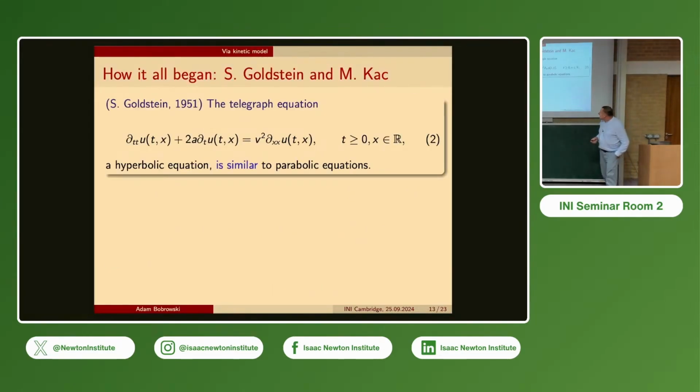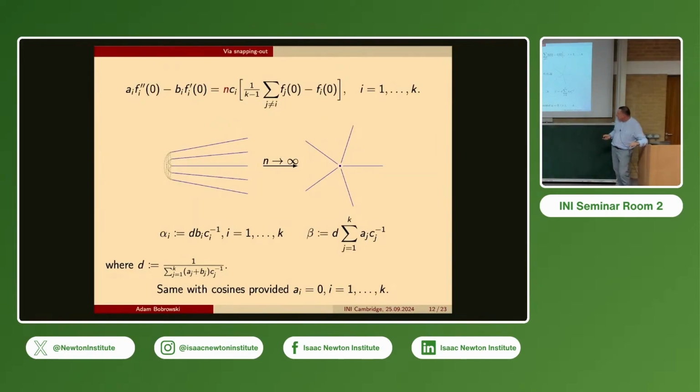Okay, so this is the first part. For Walsh, yes, not only for Walsh, but also for others. This is very similar to a wave, but you need to look at it from a very particular perspective.